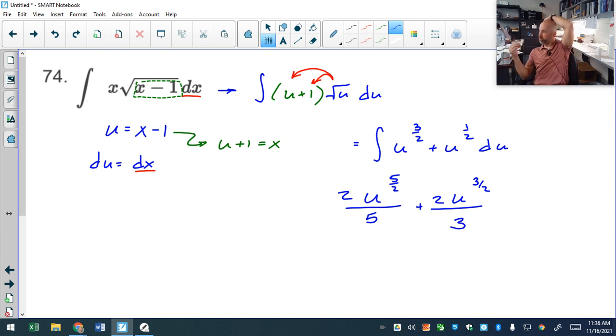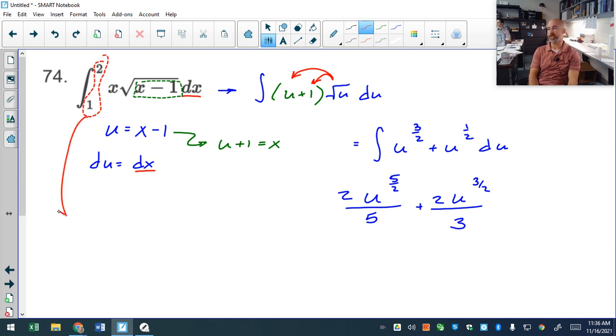At this point, we have two options. One is to plug x minus 1 back in for the u. The other option is to think about the fact that this was a definite integral, and I prefer to do this. There are some problems, and one of them was in the video, where you have to use this technique. I'm going to convert my limits of integration.